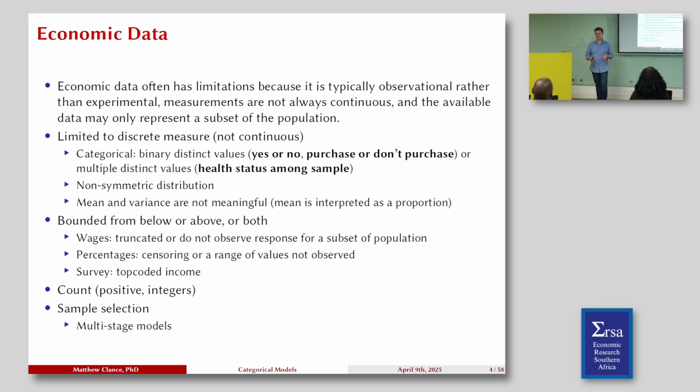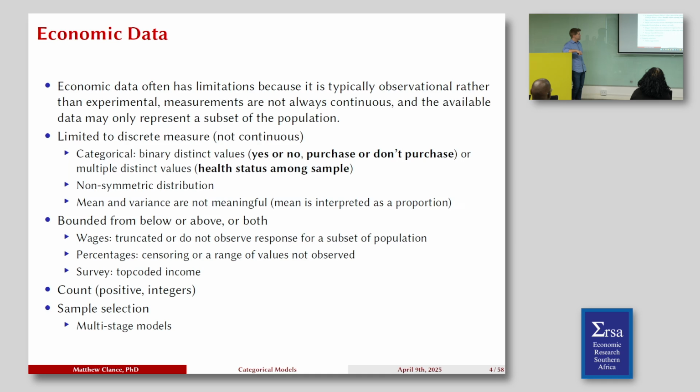Variance doesn't make a lot of sense either. So basically, it has some meaning, but it's just a different way of looking at it. And that's why we just have to change our perspective a little bit.